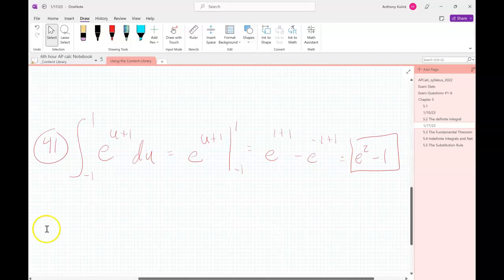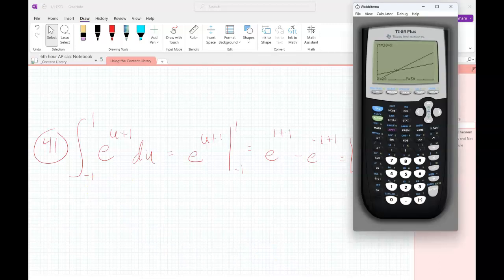I should also mention to you guys that all these definite integrals you can also check on your calculator. So if I wanted to check this one, I could go to my y1 and type in e to the x plus 1.